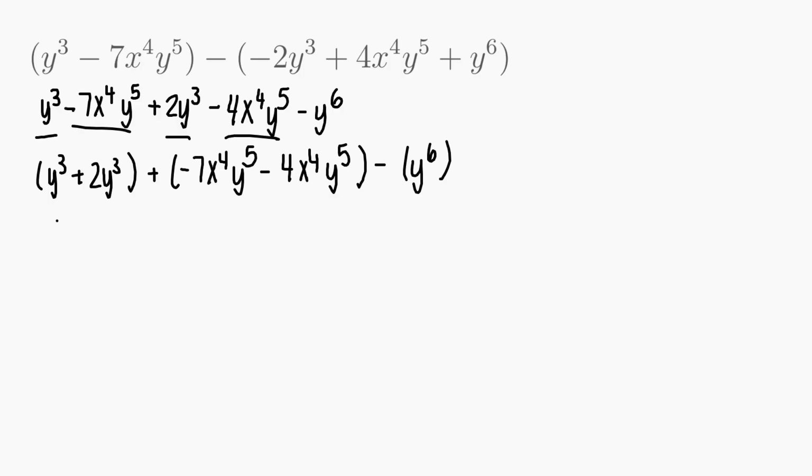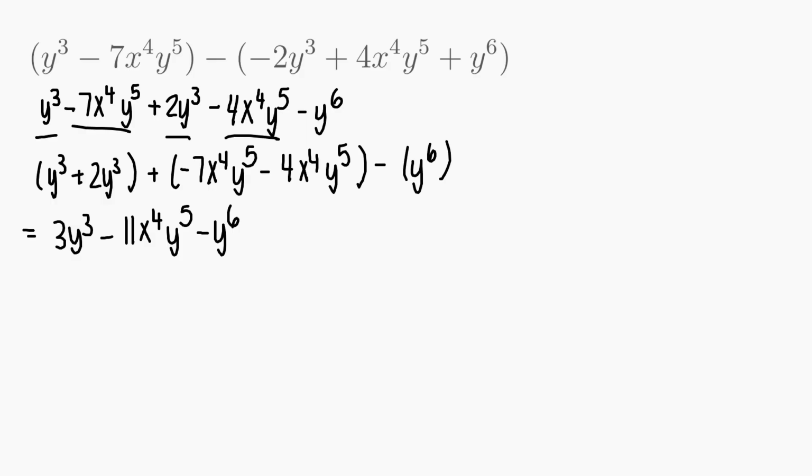So let's simplify. So we get 3y cubed minus 11x^4y^5 minus y to the 6th power. Like you might remember, we always want to make the highest degree first.